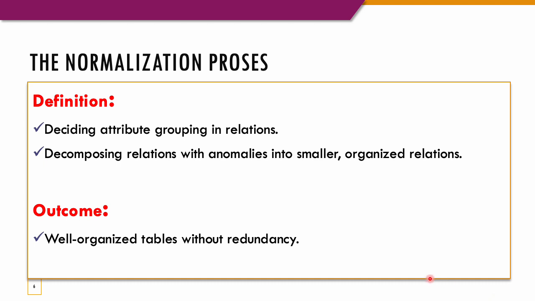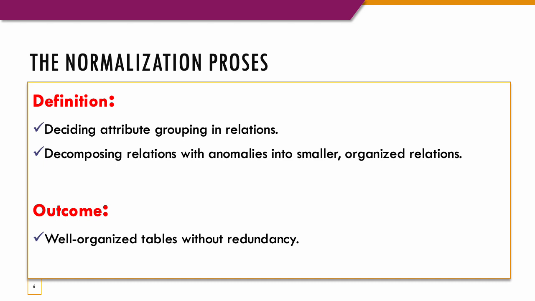So the outcome of normalization is a set of well organized tables without redundancy. Each piece of information is stored only once, which reduces unnecessary duplication. And of course, it will prevent anomalies.